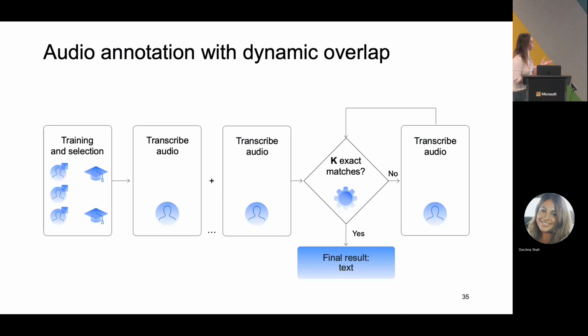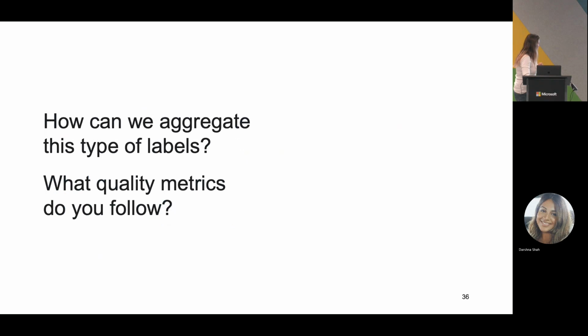So this is how you could design your pipeline. And once you have K exact matches, you have your transcription. So this is how you could collect this kind of data. And then how do we aggregate this type of labels?